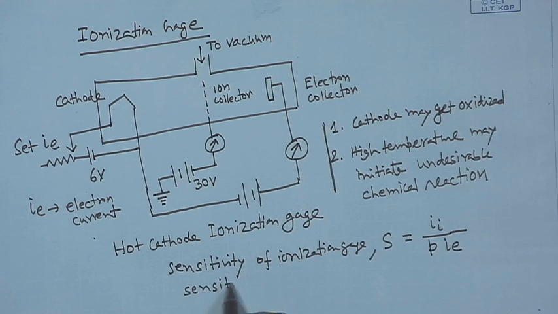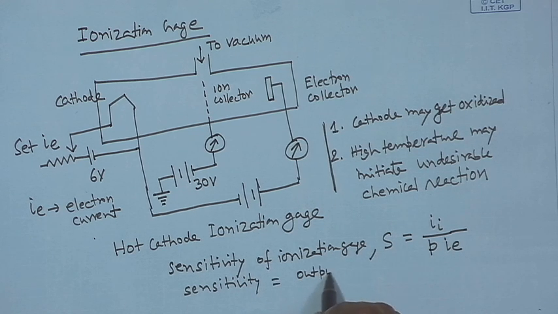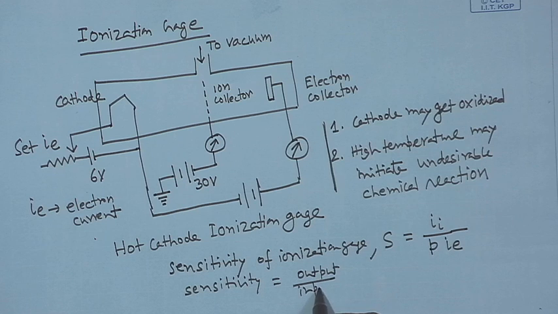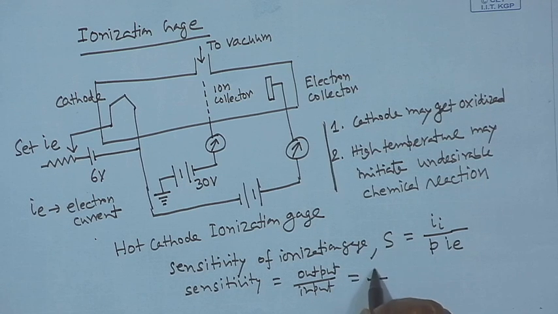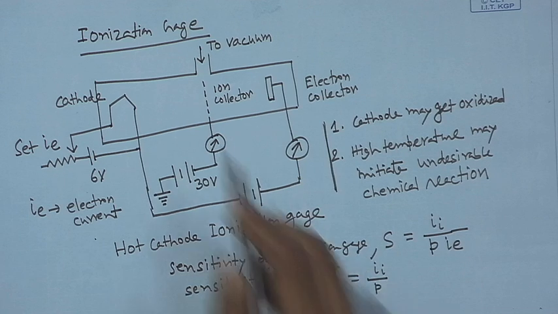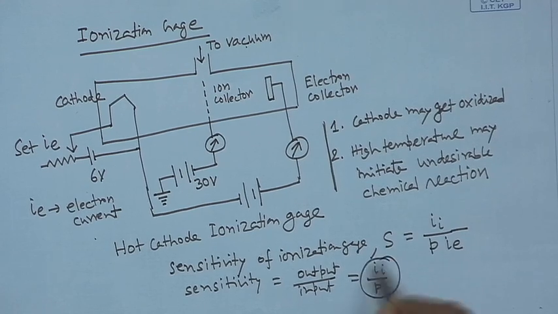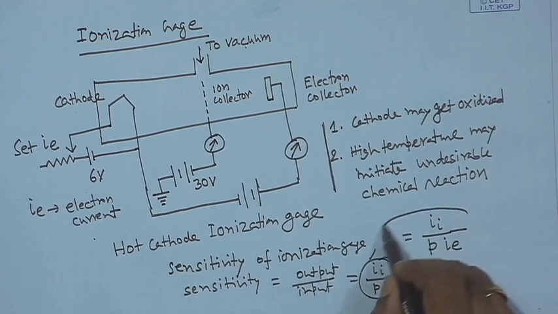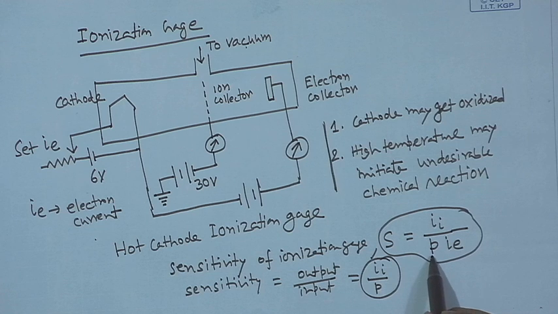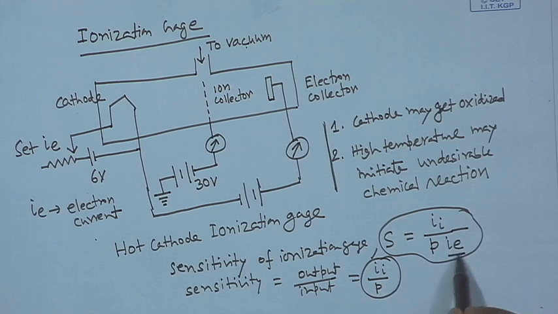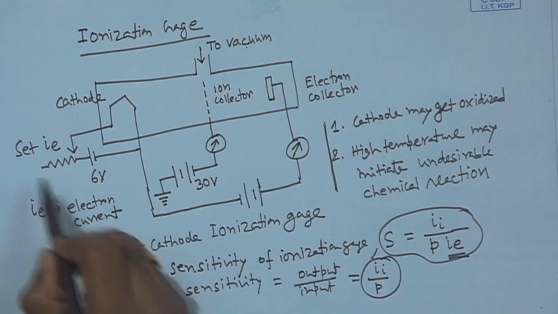sensitivity is output by input. Output is the ion current and input is, of course, the pressure. But instead of using this, we use this. We multiply the denominator by the electron current.